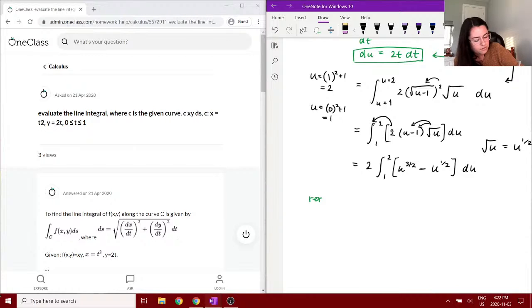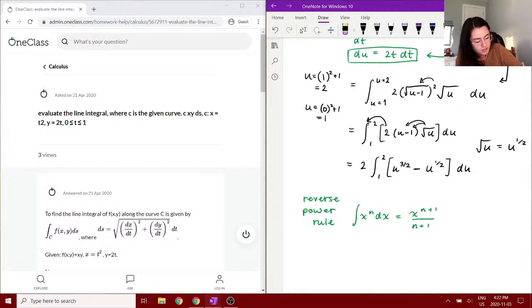The reverse power rule states that the integral of x to the power of n dx is equal to x to the n plus 1 over n plus 1, plus, well, usually a constant if the boundaries are undefined, but in this case we have defined boundaries, so we don't need to include a constant.